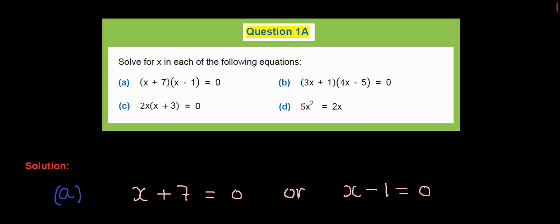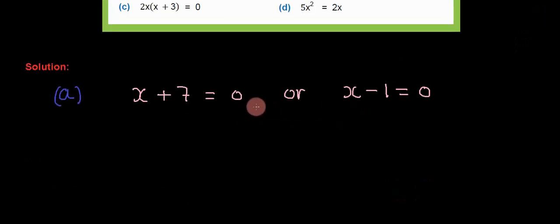And now we can solve for x in each of these two equations. Here we can take the 7 to the right-hand side, and it becomes negative 7. And here we can take the negative 1 to the right-hand side, and it becomes positive 1. So then the final answer is x is negative 7 or x is 1.